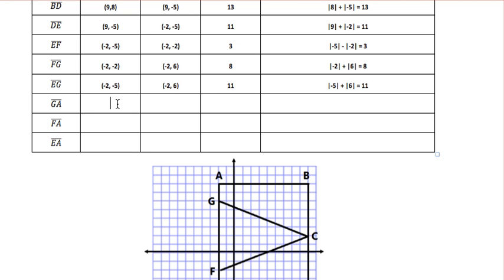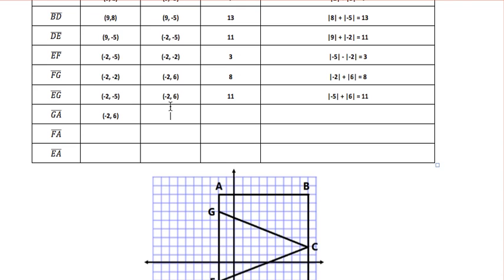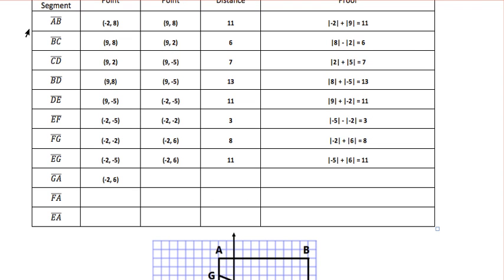Next we go to GA. The ordered pair for G is negative 2, 6. The ordered pair for A, I'm going to slide up here, was negative 2, 8. All right, and the distance between the two, the x values are the same and our y values are both positive. So we will subtract to get the distance between the two.